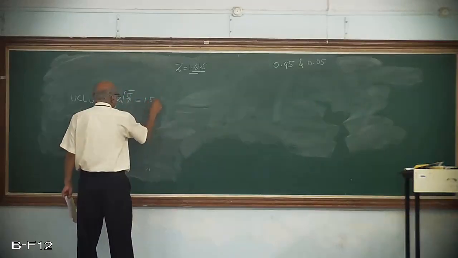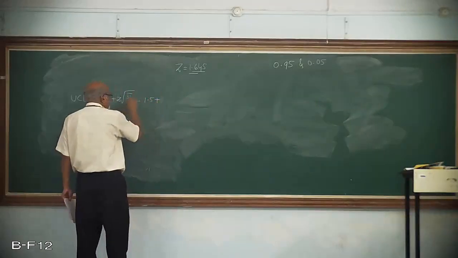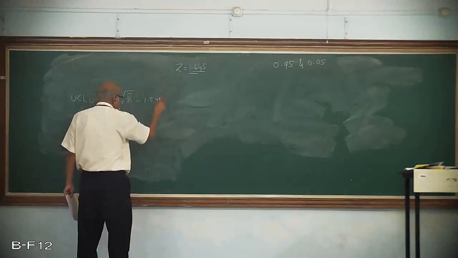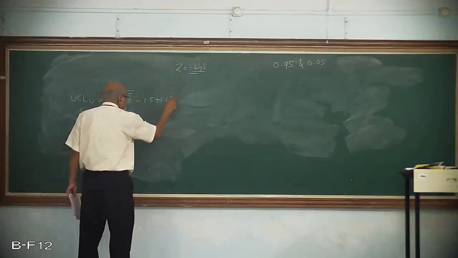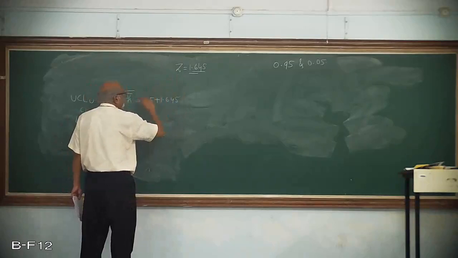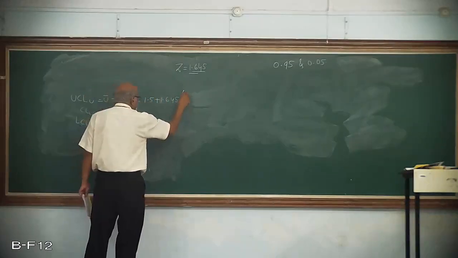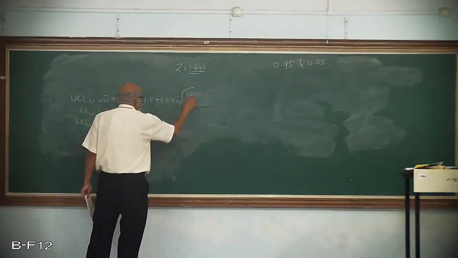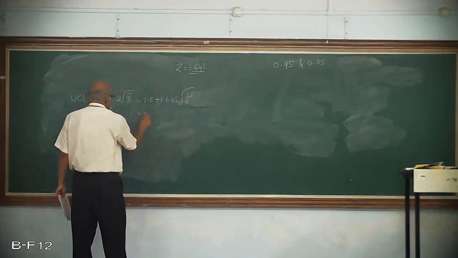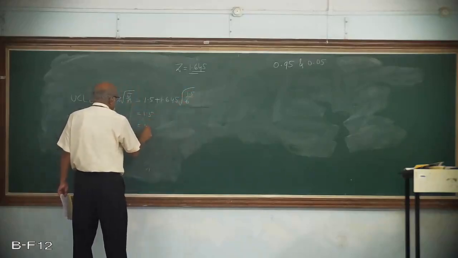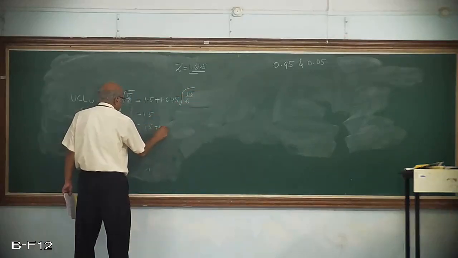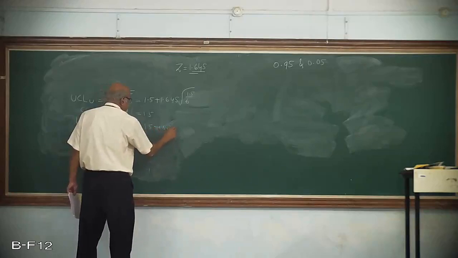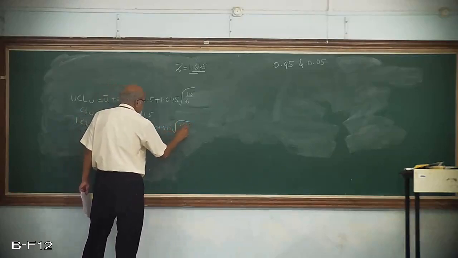So 1.5 plus Z, and instead of Z, I have found out 1.645 from the table. The square root of 1.5 divided by 6. U bar is 1.5, this is 1.5 plus, sorry, minus 1.645 under root 1.5 divided by 6.